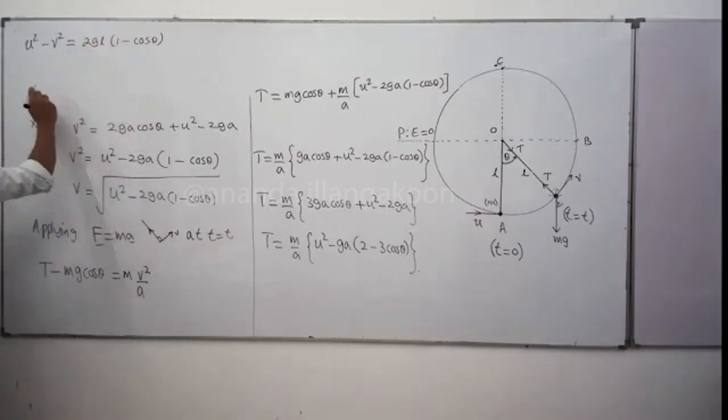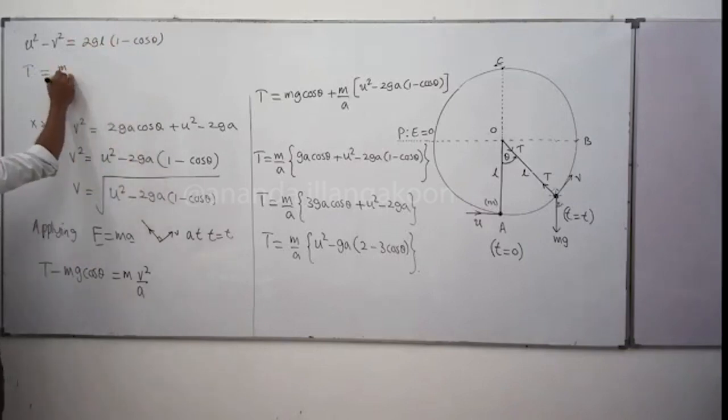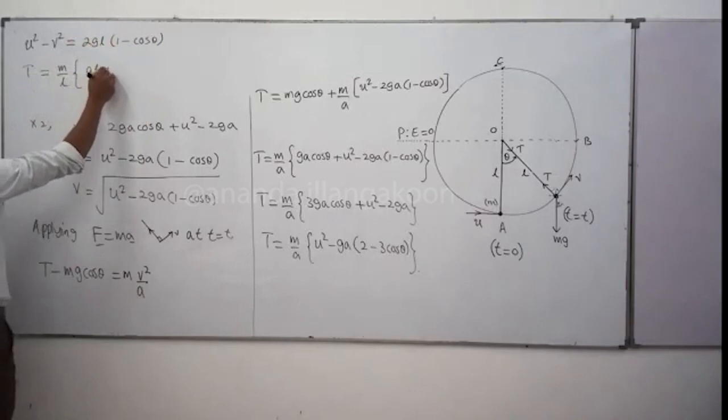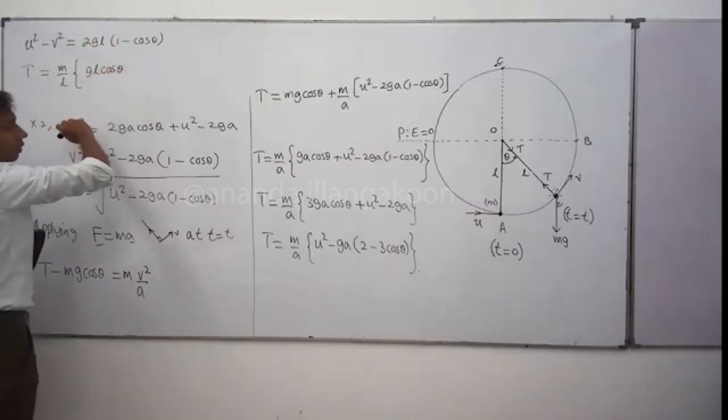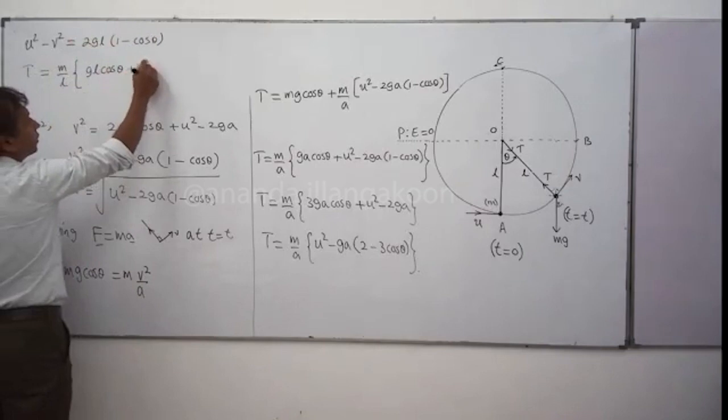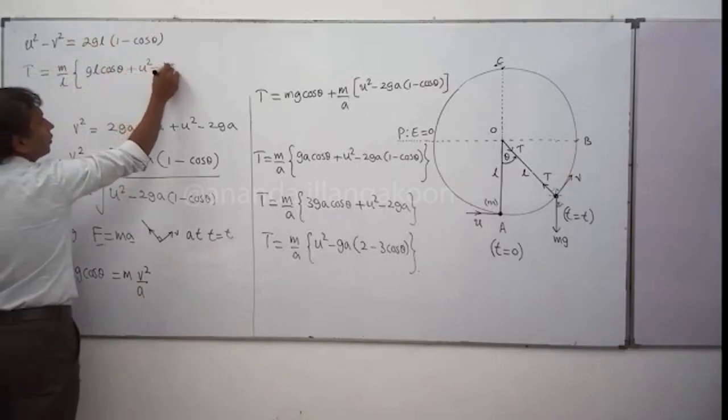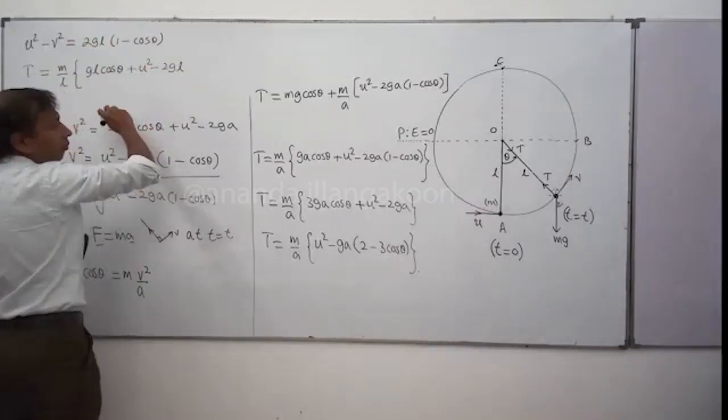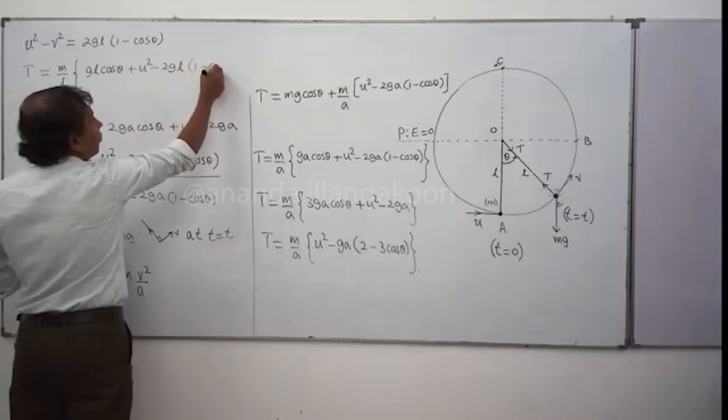The other one is T equals m upon L times (gl cos theta plus u squared minus 2gl times (1 minus cos theta)).